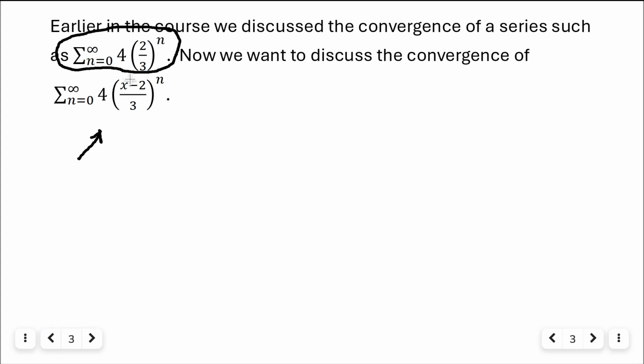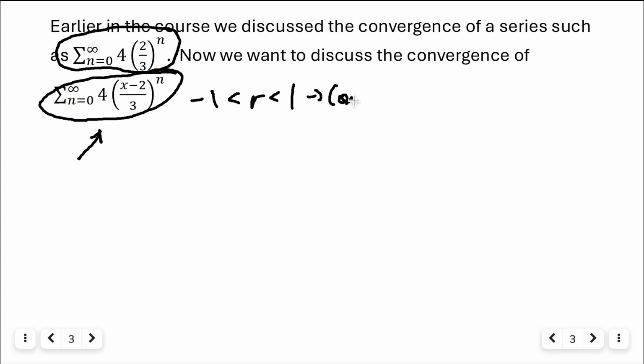Okay, so again, if we look at this series, for example, there are certain values of x that if I substitute them in, will give me an r value between -1 and 1. That would make this thing converge, right? There are certain values that would make the r value greater than 1, for example.